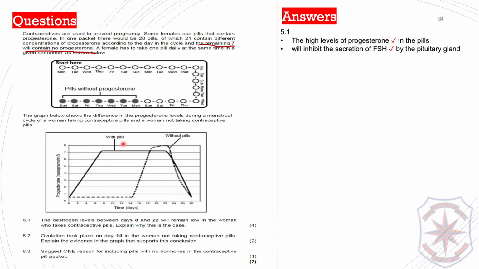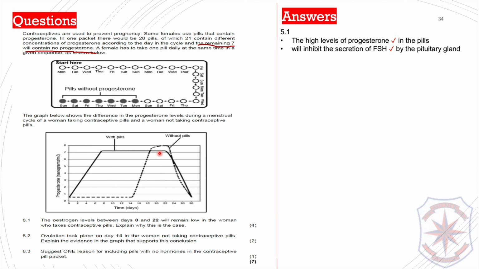But the woman with pills takes pills containing high levels of progesterone from day 1. So from day 1, the progesterone levels will go up. And then from day 8, as you can see over there, the progesterone levels are constant.